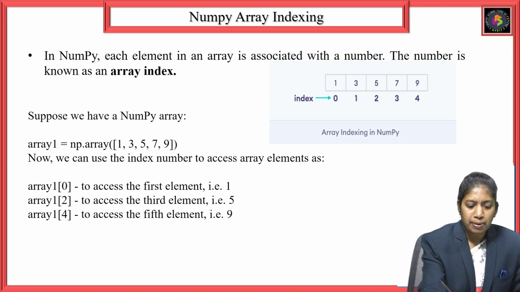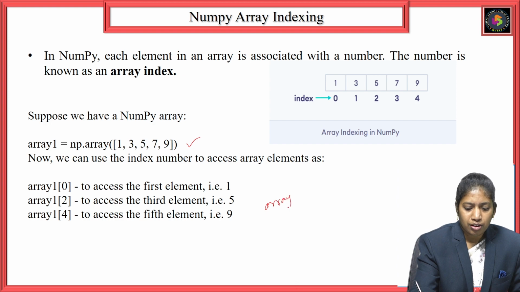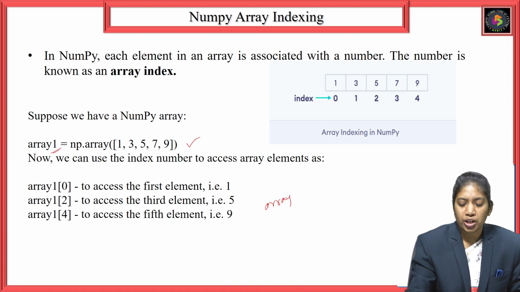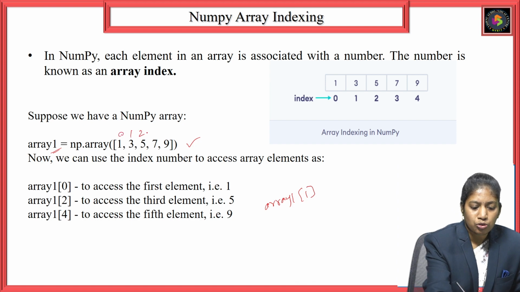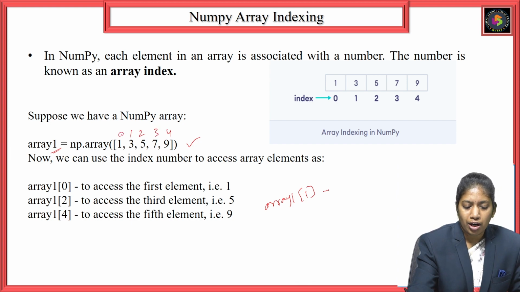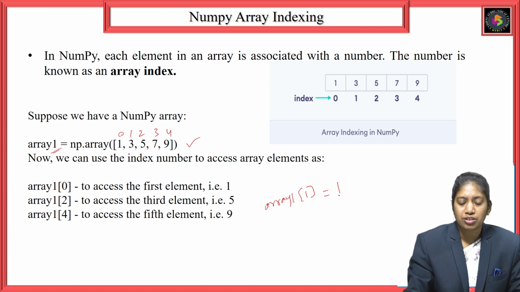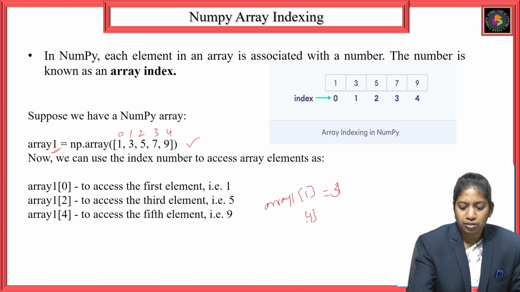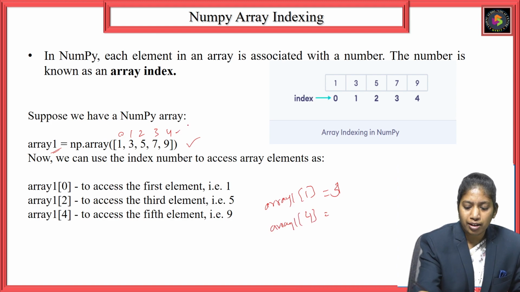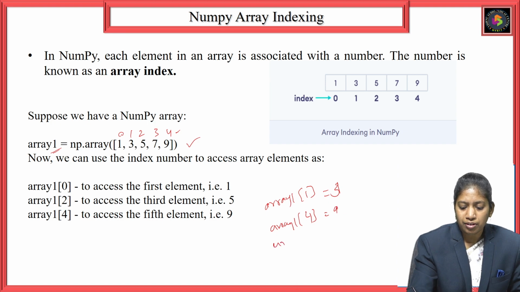For example, np.array of 1, 3, 5, 7, 9 stored in arr1: the indexes are 0, 1, 2, 3, 4. arr1 of 1 gives 3, and arr1 of 4 gives the fourth index value, 9.